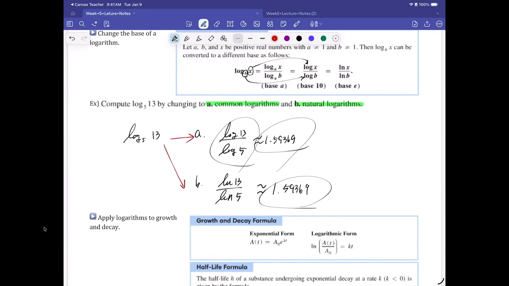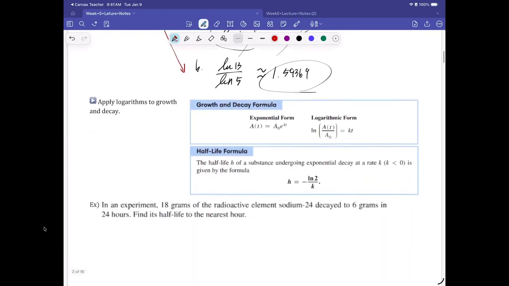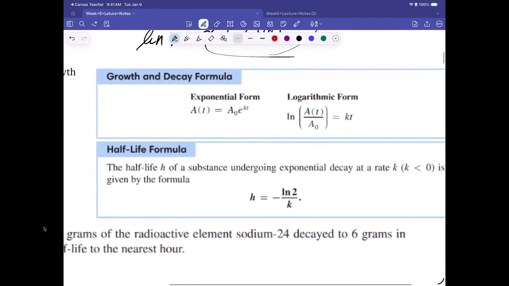So let's do an application, like a word problem. So applying the log to growth and decay. So the exponential form is, I know the notation is a little bit weird, A of t is equal to A0 e raised to the kt, right? That is the exponential form. And then now you can change to the log form with ln.